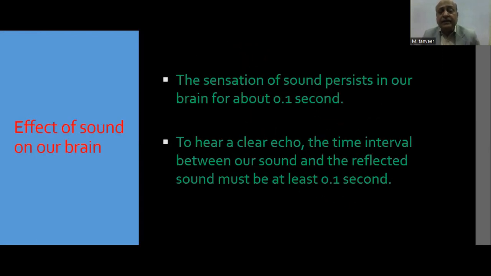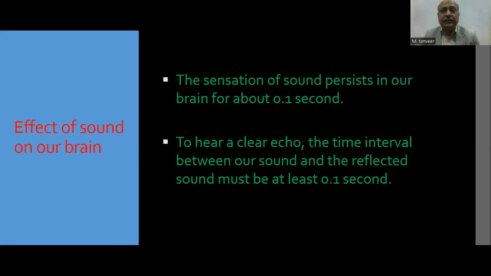The reason is this: the sensation of sound persists in our brain for about 0.1 second. That means when I talk, its effect will remain in my brain for 1/10 second. To hear a clear echo, the time interval between our sound and the reflected sound must be at least 0.1 second.